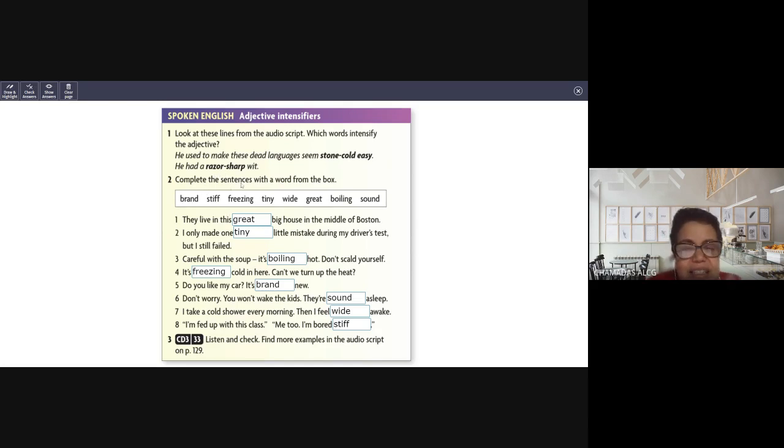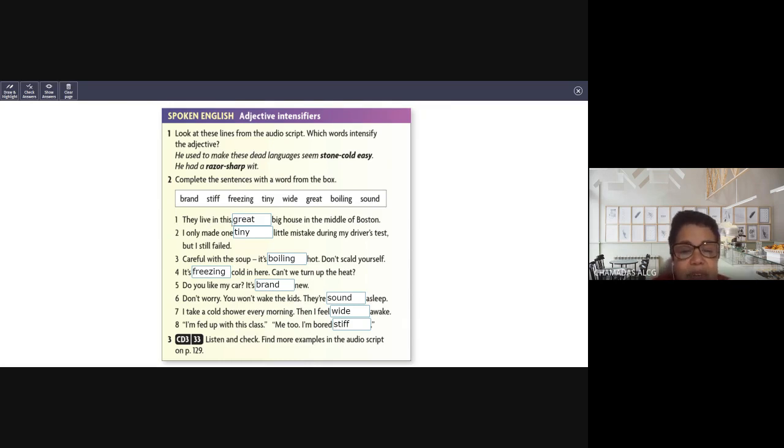Complete the sentences with a word from the box. I already left the answers here just to make it easier for you and so we can go faster, okay? But let's do this together. We have the words brand, stiff, freezing, tiny, wide, great, boiling, and sound, okay? So let's see the first one.